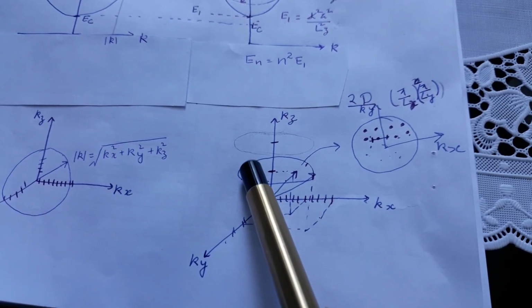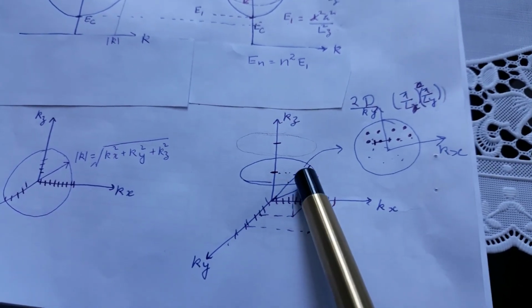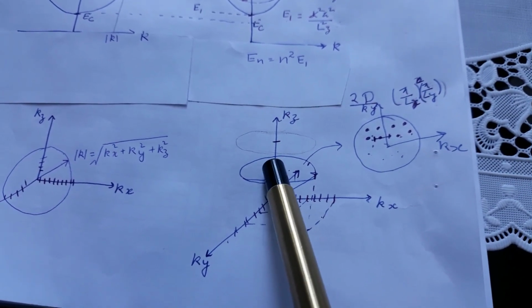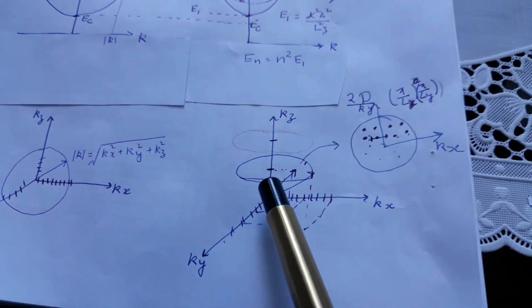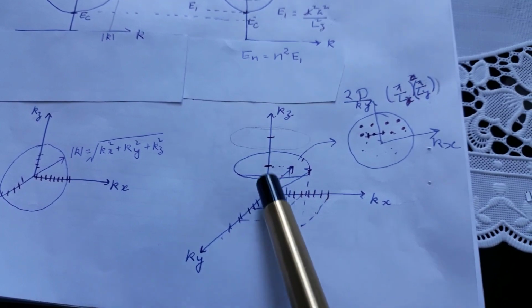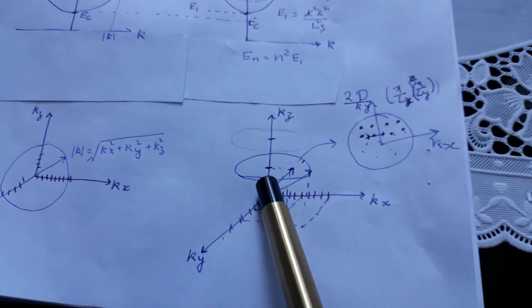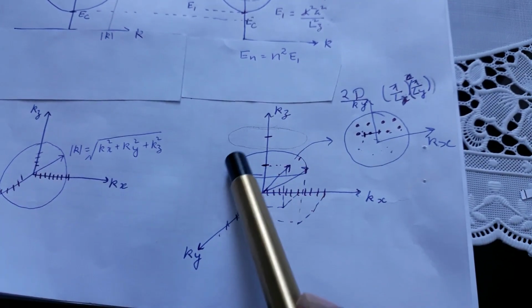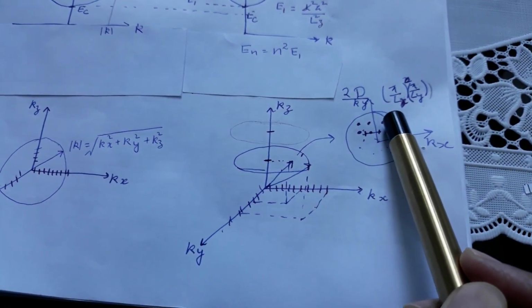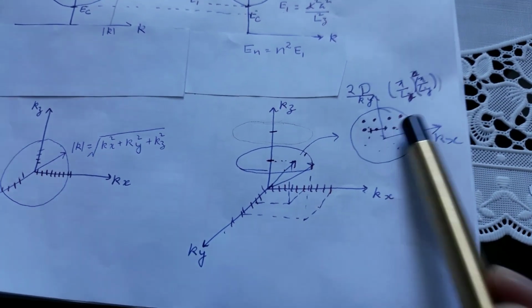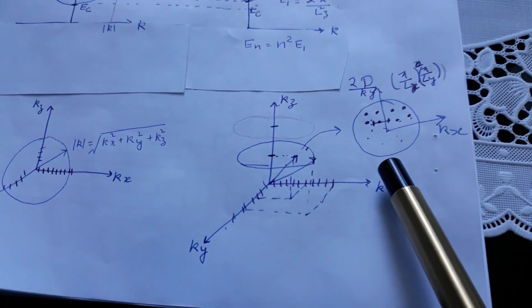If we draw many k vectors like this, such that their kz is constant, it will actually turn out to be a surface. And this surface of equal energy will be a circle, and the maximum radius of the circle will depend upon the maximum permitted energy of that particular material.